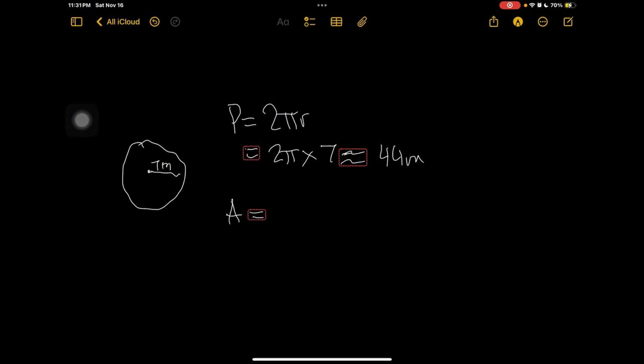And now let's find our area. So the formula of our area is A is equal to pi r squared. So pi multiplied by our radius, which is 7 squared.